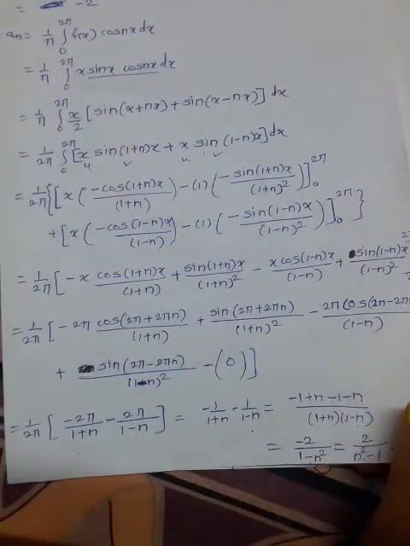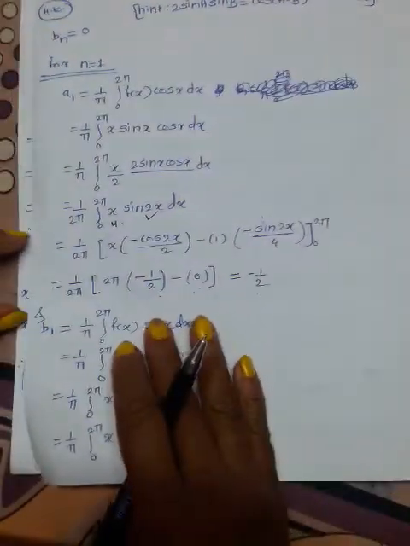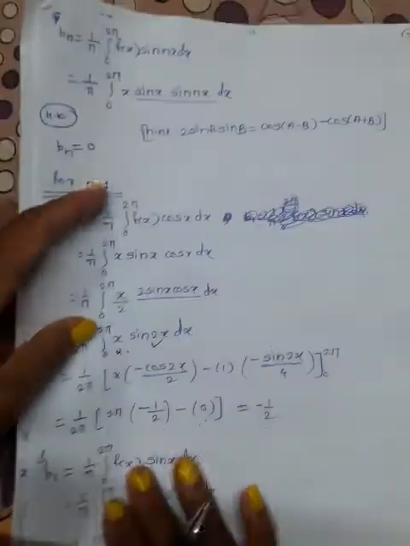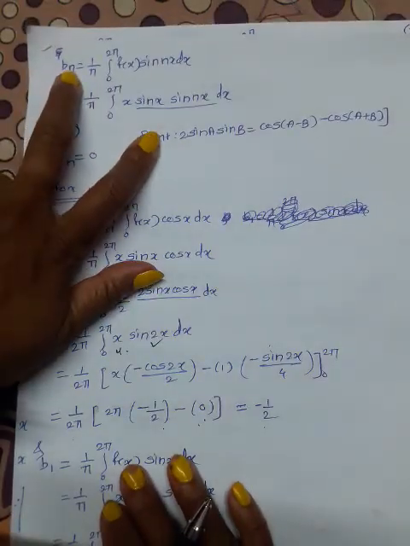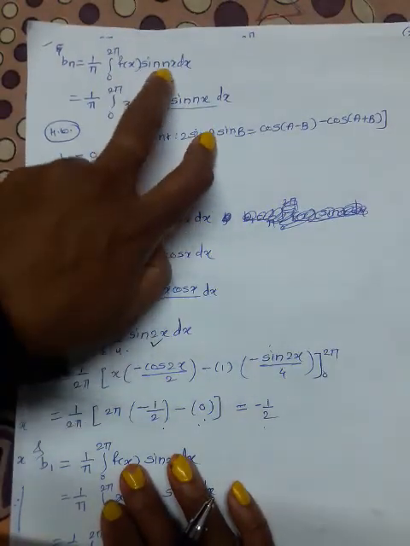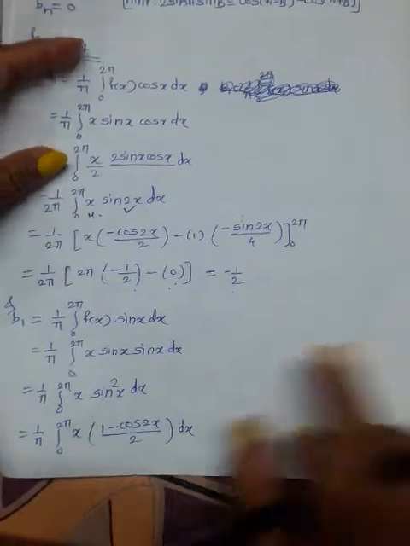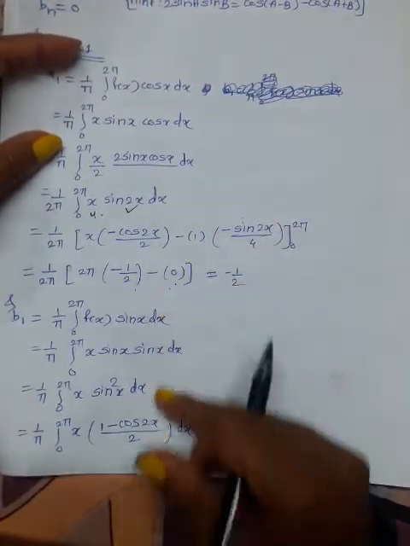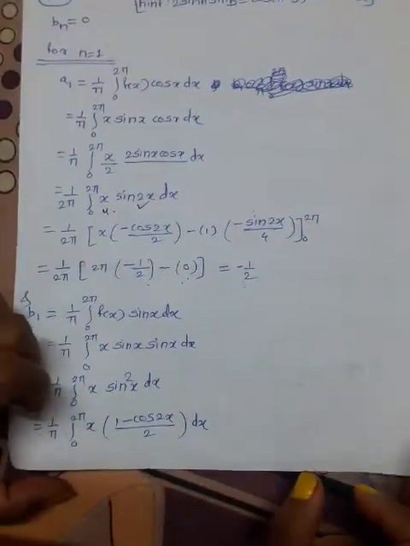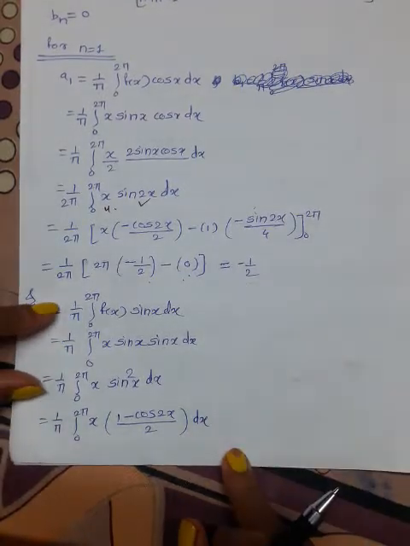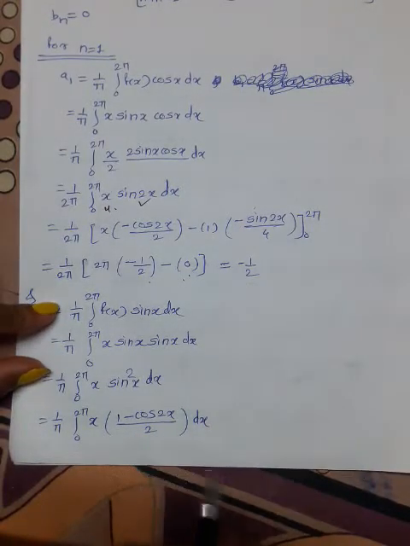By putting n is equal to 1 in this Bn, we get this formula. Now similarly, in the above fashion you will solve this. Okay, these are the steps, these are the formulas.